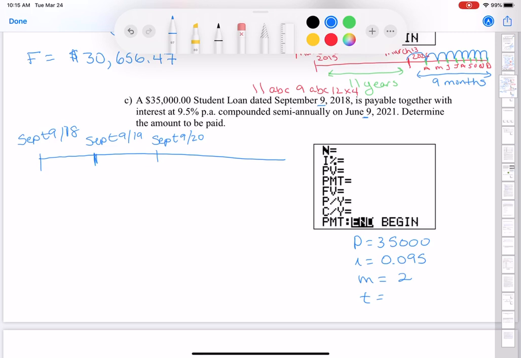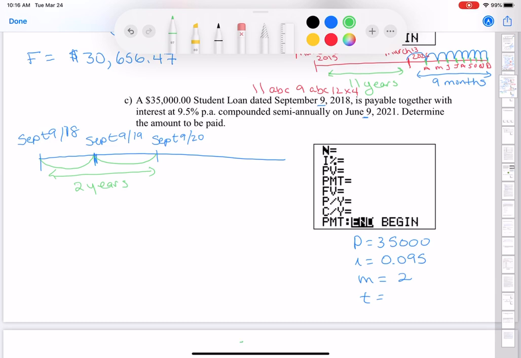So we're going to stop here and count up to that June 9th, 2021. We can see, to start, that we have a full 2 years. And again, to determine time on a timeline, we are counting the space between. And now we need to count up to the June 9th, 2021.